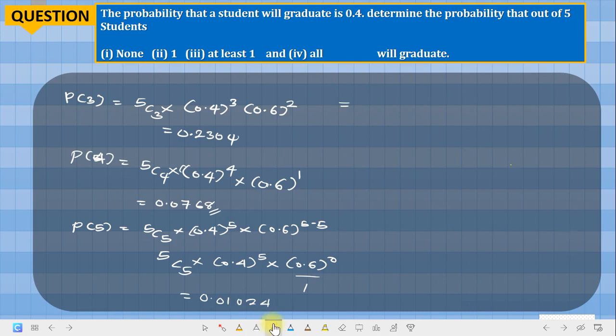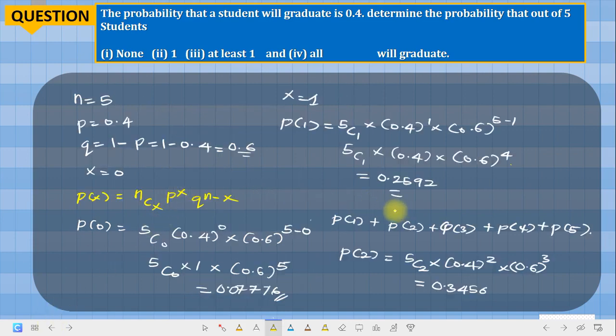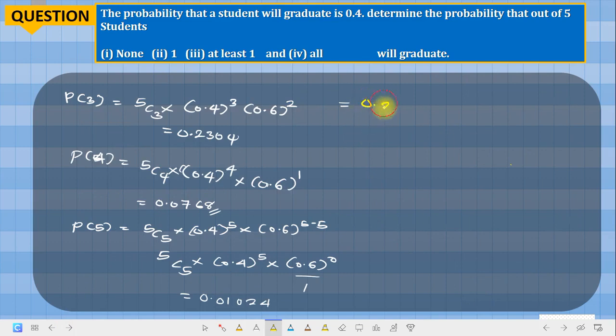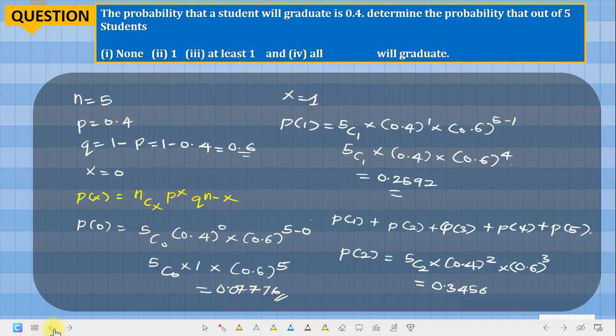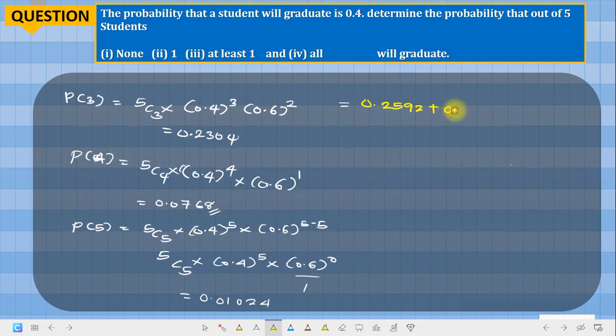Now after this, we sum all of them together. The probability that 1 will graduate is 0.2592, plus the probability that 2 will graduate, 0.3456, plus the probability that 3 will graduate, 0.2304, plus the probability that 4 will graduate, 0.0768, plus 0.01024, and this sums up to give us 0.9224.